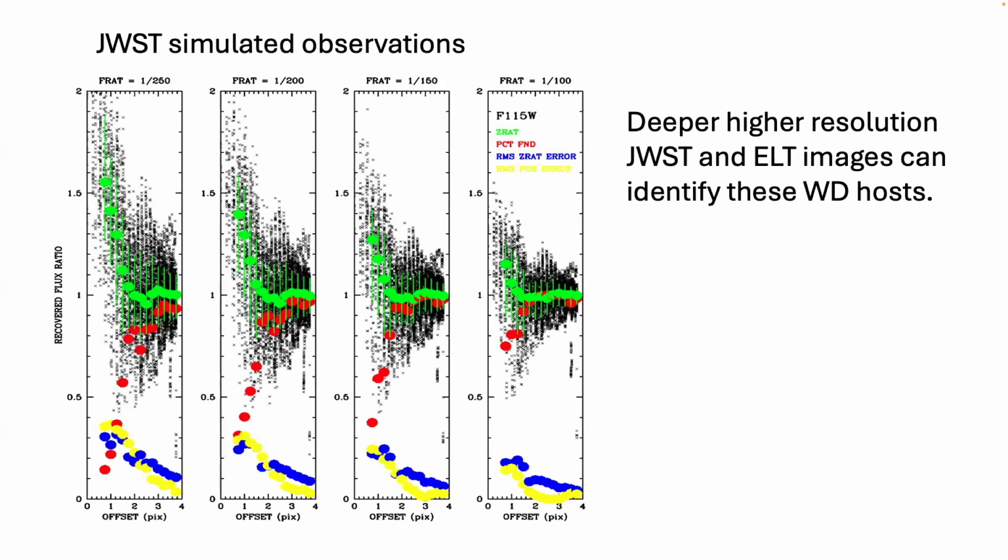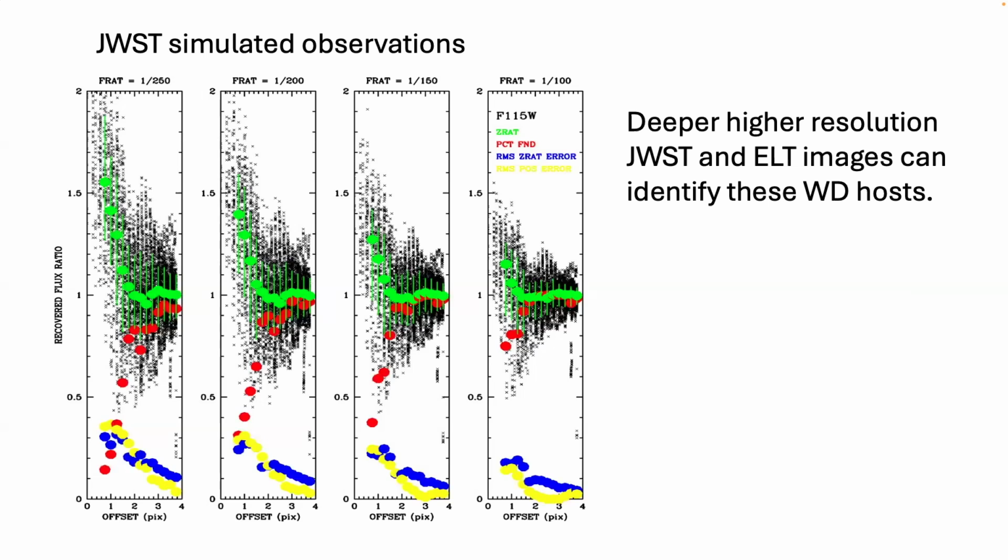This curve is a little complicated to understand, but the point here is I would like you to see the flux ratio. This was also a simulation done by Jay Anderson. And as you see, the flux ratio varies from 1/250 to 1/100.